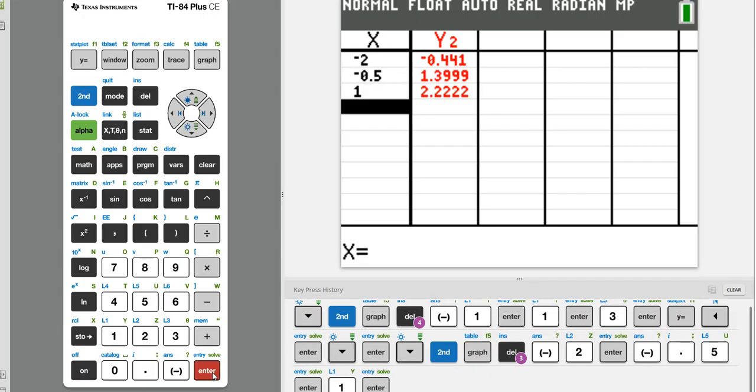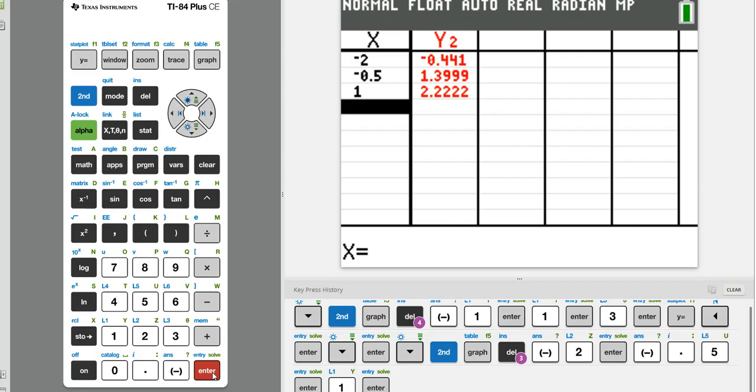Interesting. Now, a lot of times what you'll see in these things is that the signs will alternate, positive, negative, positive, that kind of thing, but these didn't. That's okay. So let's see. We got negative, positive, positive.